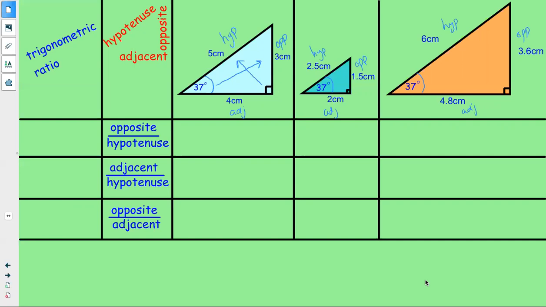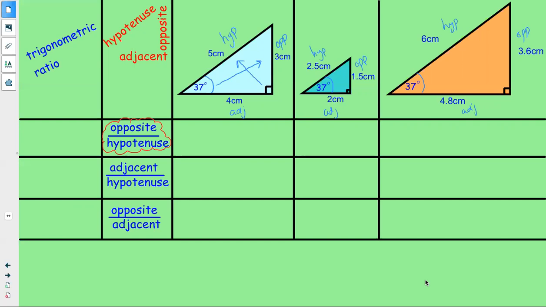Okay, so we are going to be looking at this part here, where it says opposite over hypotenuse, or opposite divided by the hypotenuse. So for each of these triangles, I'm going to take the value of the opposite side and divide it by the value of the hypotenuse.